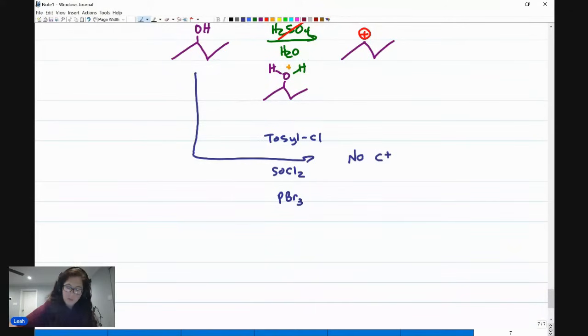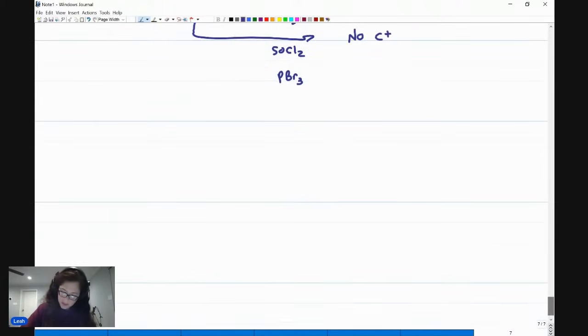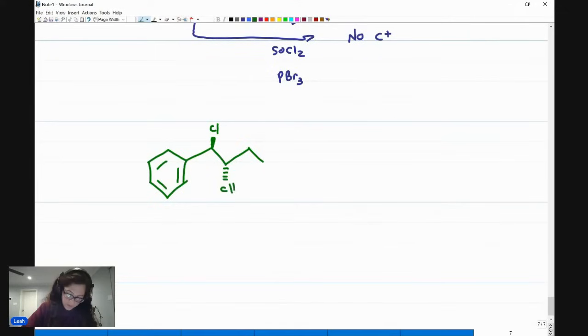What about, speaking of pH, say you're given a molecule like this. You're not asked for the mechanism, only the product. What am I looking at with this?